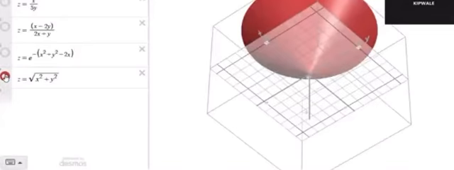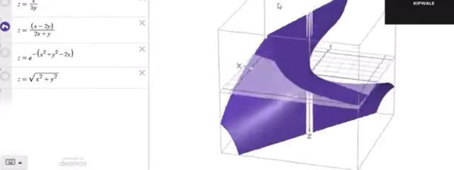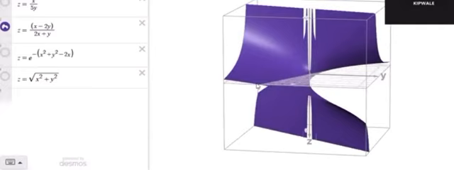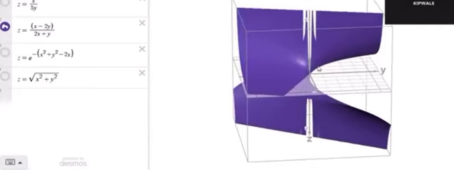Okay, so I'm going to deactivate that, and this is the region they're talking about. But you can see that it's really ugly. If you look at that, it's not really rectangular form sitting on the XY plane. So we need to change that.